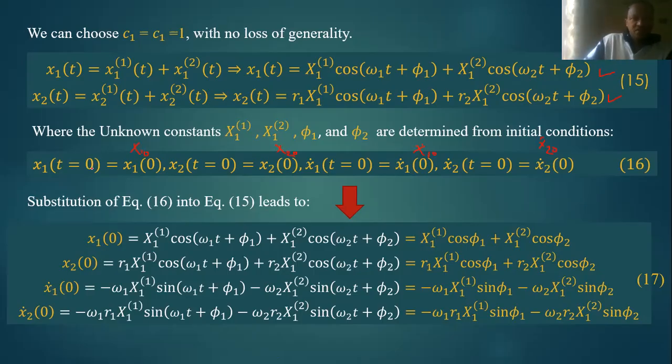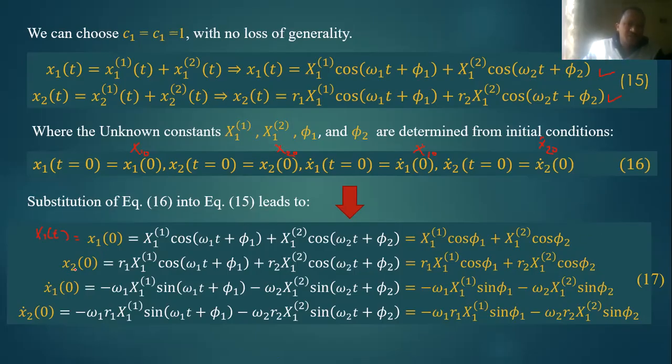So substituting into these equations, this is actually x1 of t. Instead of t, we substitute 0, so x1 of 0 gives us this equation 1.